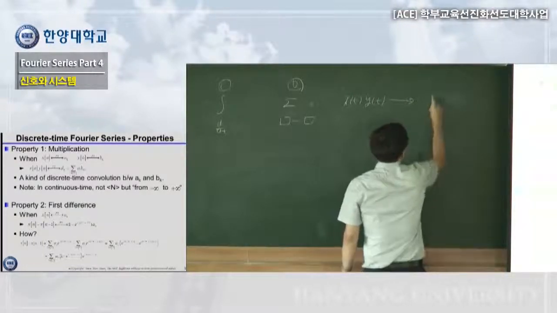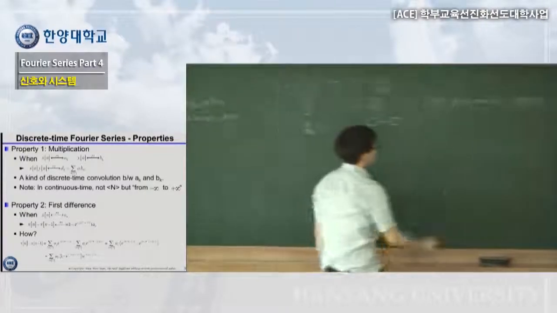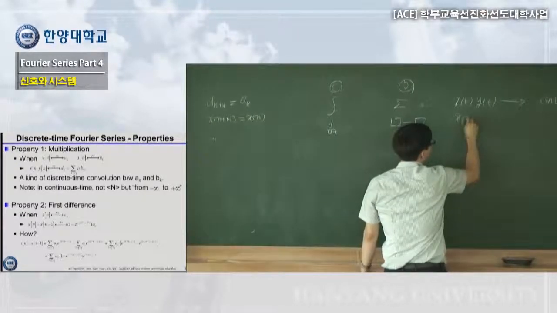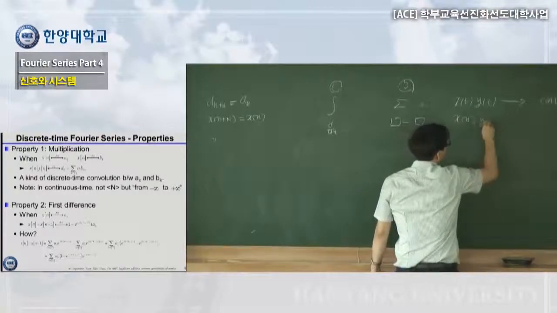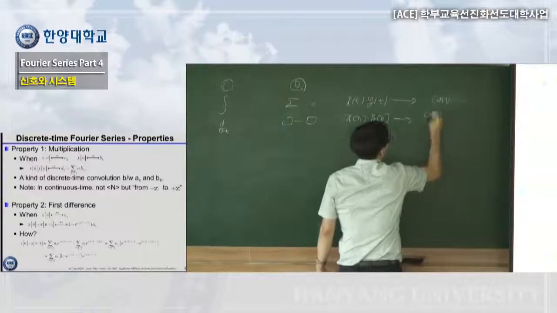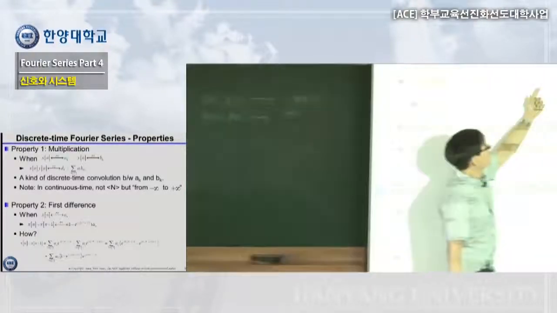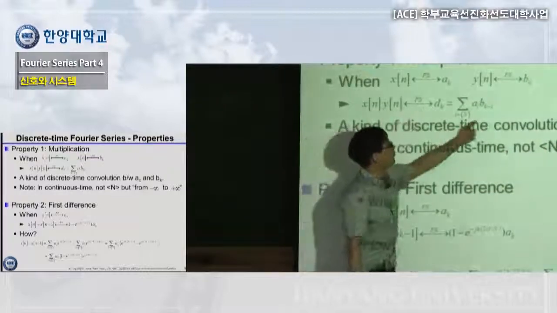There will be convolution, right? Similar to here. In discrete time, with multiplication, there will be convolution. That's what they say. Multiplication of these two, there will be convolution.